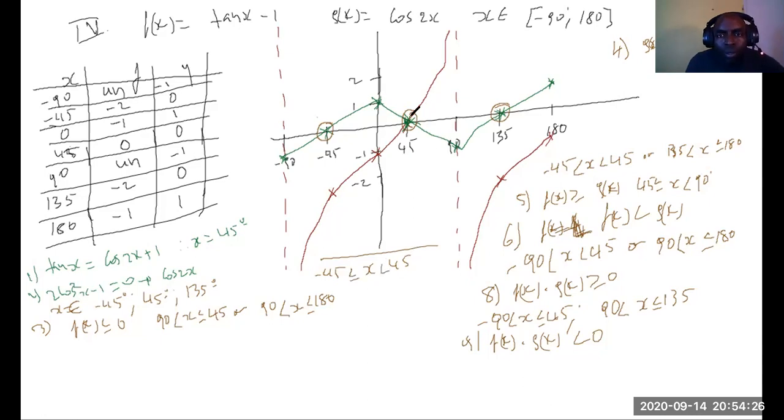And then also here it's positive, this one you see negative, meaning I've got 45 and I've got 90. X in between, excluded.